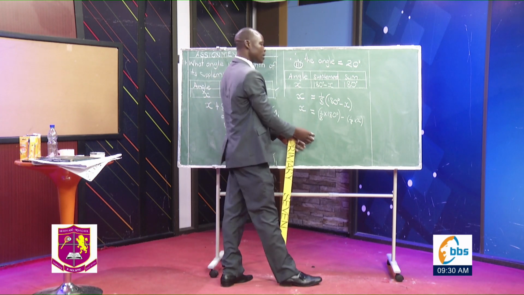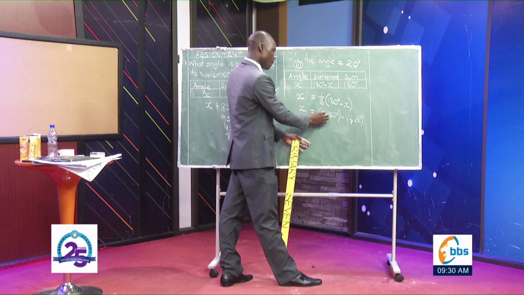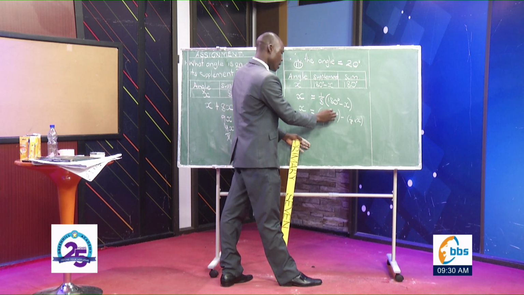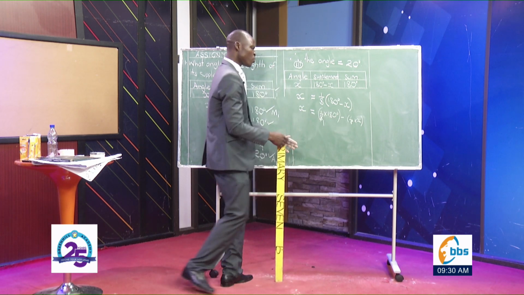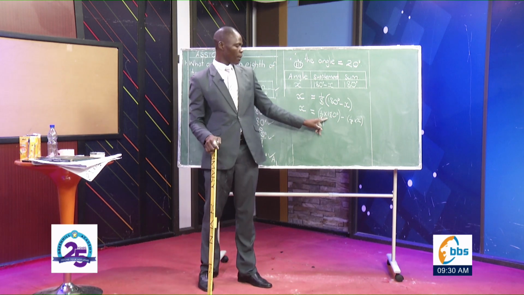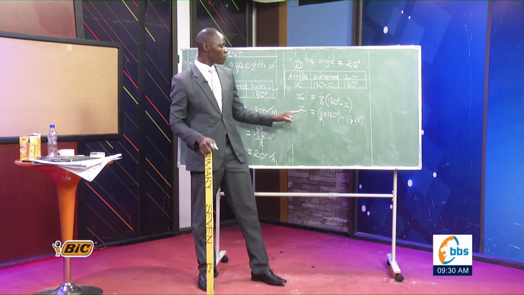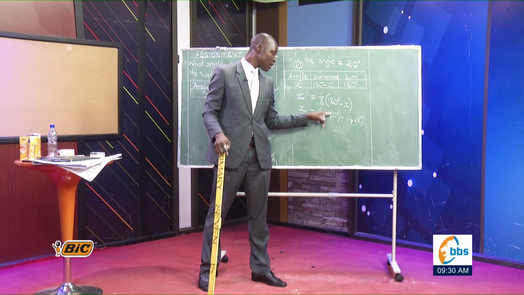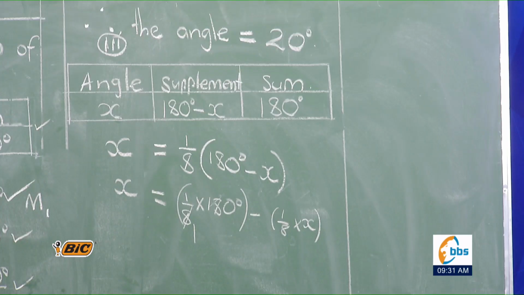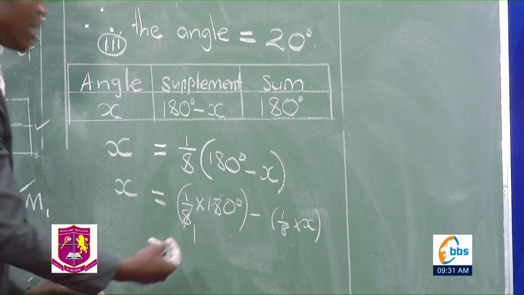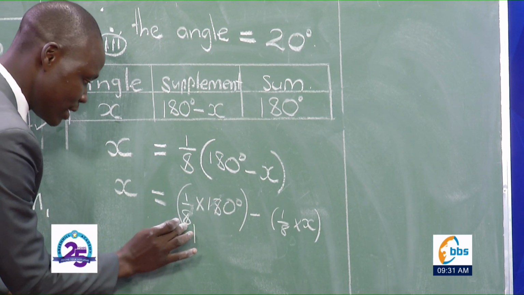Here we could reduce by 8 once. But when you analyze this question, you will find that when you divide 180 by 8, you will get a fraction. It will not be possible. So before you cancel, that's why I said you must be observant and very careful. Instead of dividing and getting a remainder, you can leave it at this point.